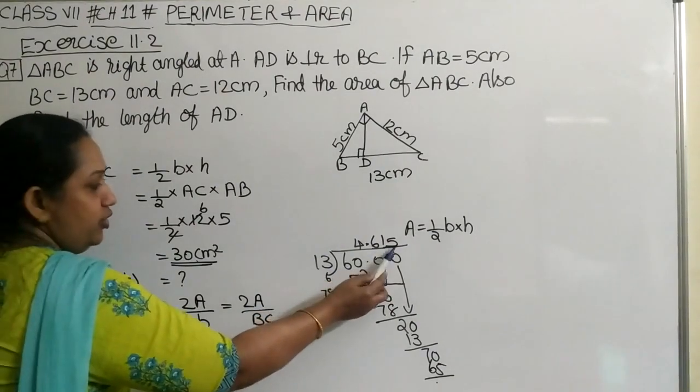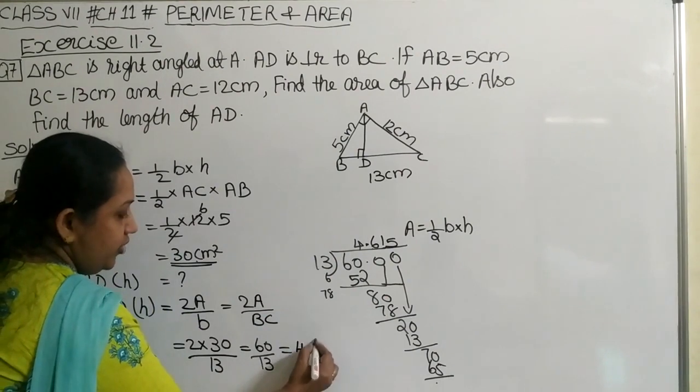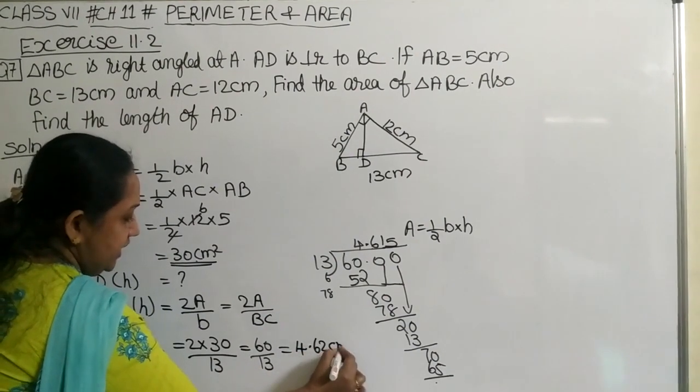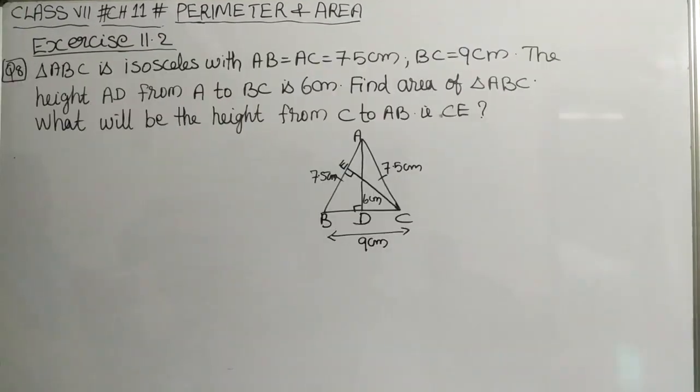So we can round off to 2 decimal places. So we can write it as 4.62 centimeter, which is the height AD.